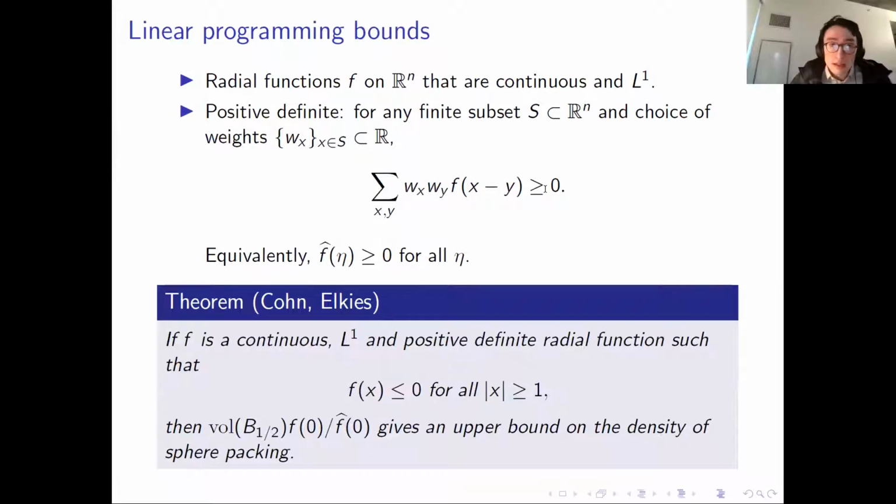And say we have one of these test functions, and say it also satisfies an inequality f of x is less than or equal to 0, and say it's non-zero. Then we can give an upper bound on the density of any sphere packing by taking the volume of a ball times f of 0 divided by f hat of 0.